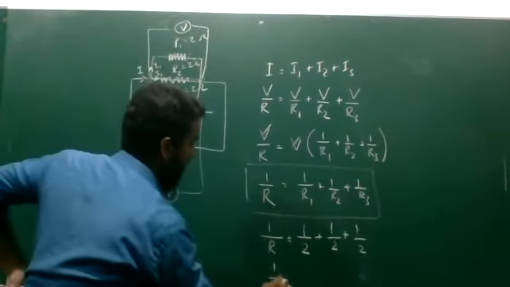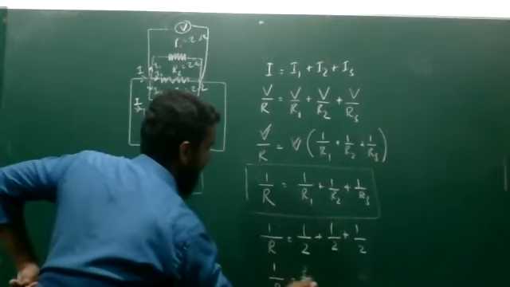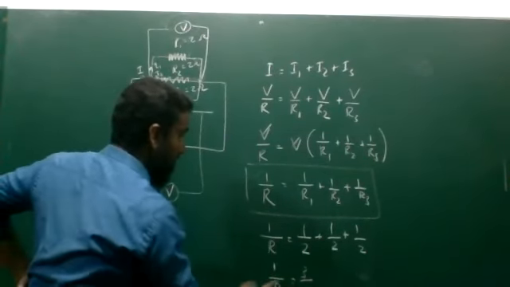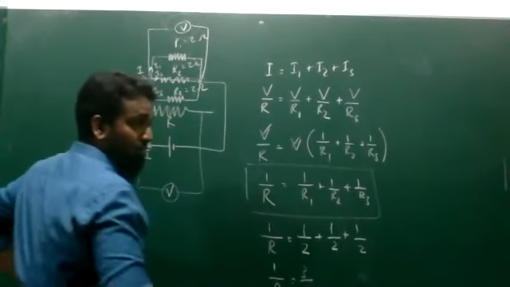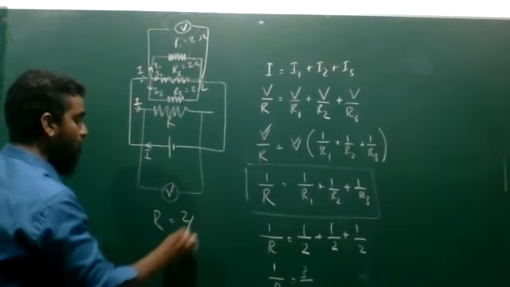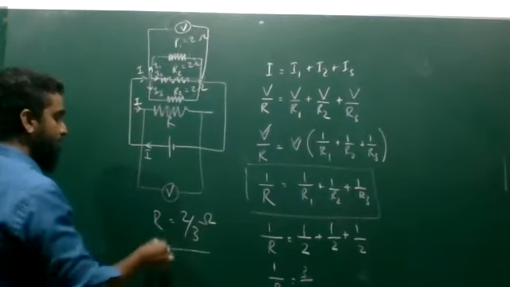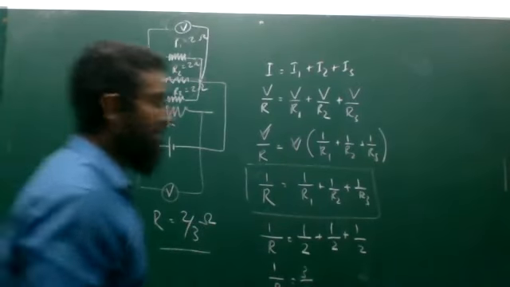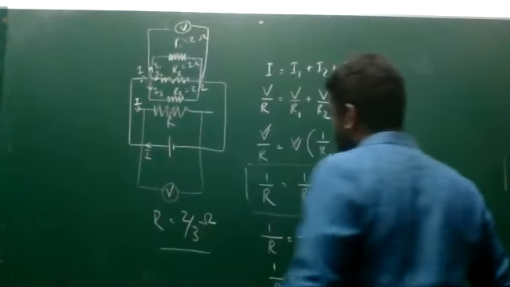Then 1 over R is going to be equal to 3 over 2. If 1 over R is equal to 3 over 2, you need R, the equivalent resistance. Then R is going to be equal to 2 over 3 ohm. That's it. This is how we are finding the equivalent resistance for a parallel connection.